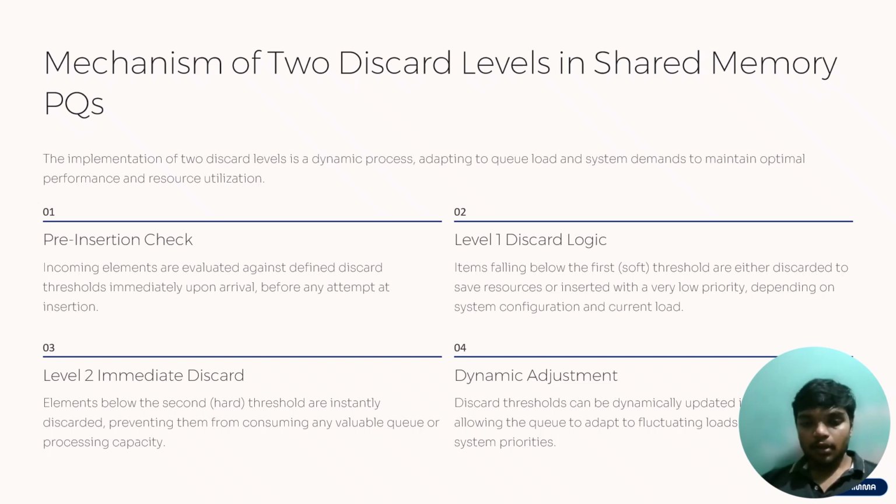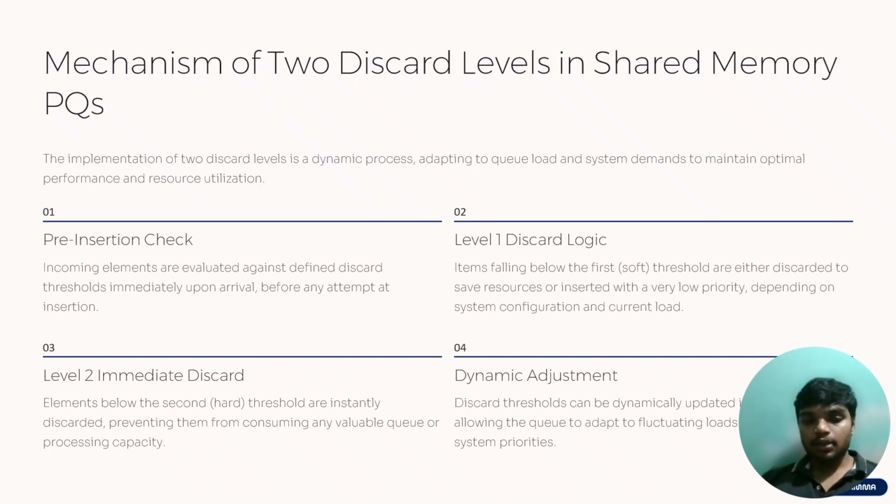Items that fall below the first threshold are discarded to save resources, typically items with very low priority, depending on system configuration and current load.